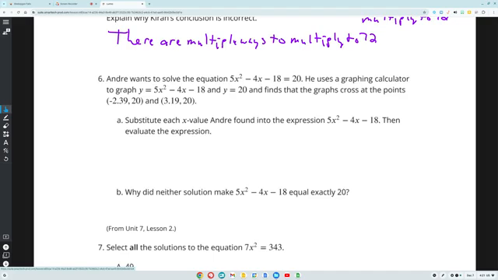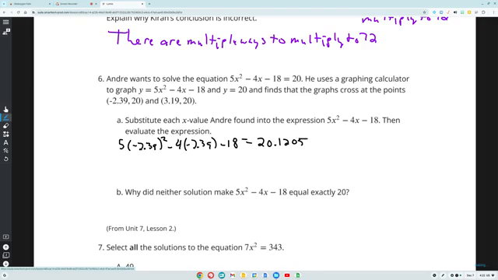So I'm just going to plug those numbers in. It's going to take a while to enter in the calculator, so I'm just going to do it and tell you what I get out. If I take 5 times negative 2.39 squared minus 4 times negative 2.39 minus 18, I end up getting 20.1205.